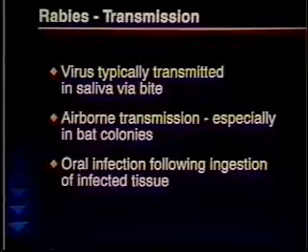The progression of the disease is associated with the amount of viral particles that may be present in the saliva, also the area of the body that may be affected, and also the biting species and the immune status of the animal that has been bitten.